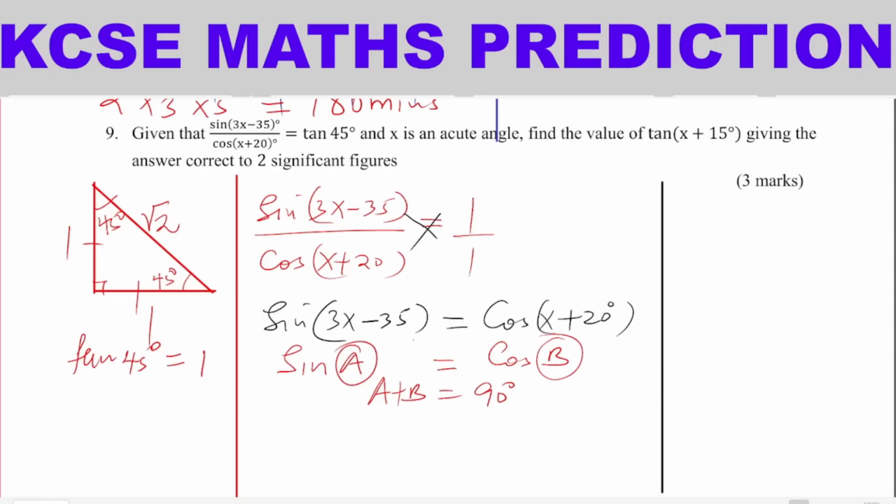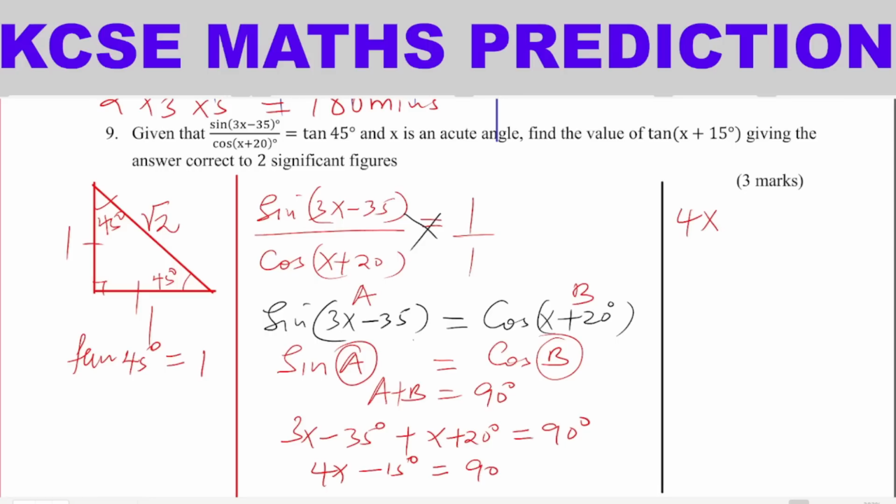In this case, A is 3x minus 35 degrees. Then we add B, which is x plus 20 degrees. That should give 90 degrees. So 3x plus x gives 4x. Then minus 35 plus 20, that is minus 15 degrees, is equal to 90.